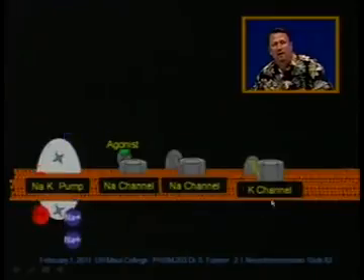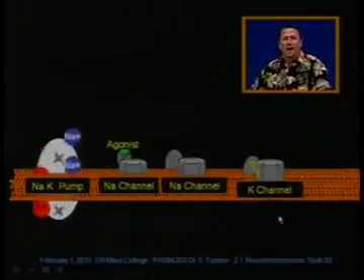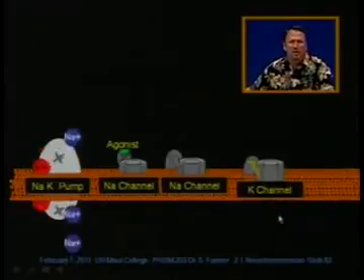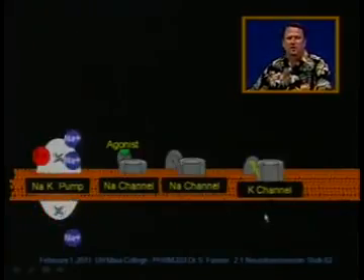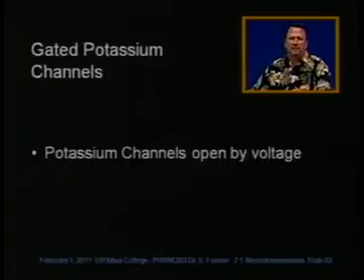It already has. However, now the potassium channel senses that there has been a large voltage change across the membrane, and our potassium channels are going to open by voltage.